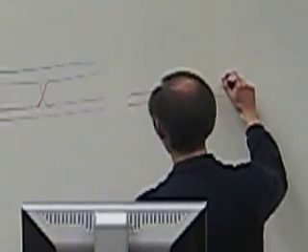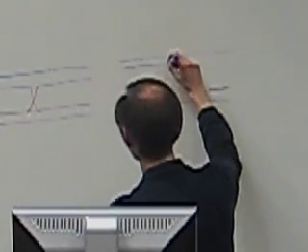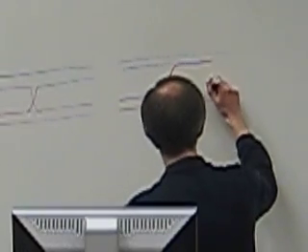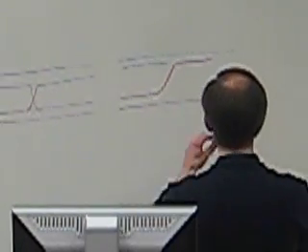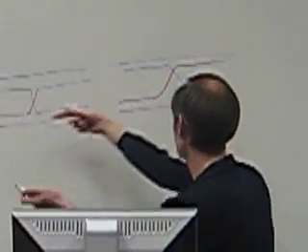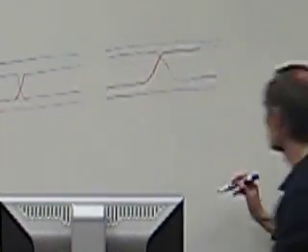Make sure I get this right. I guess I was pushing that way. Regardless, the point is that we've now exchanged strands in this region. So we're exchanging strands and creating these regions that are mismatched.